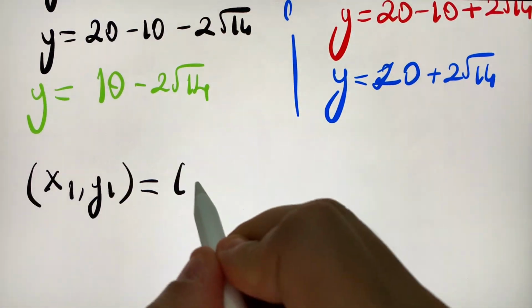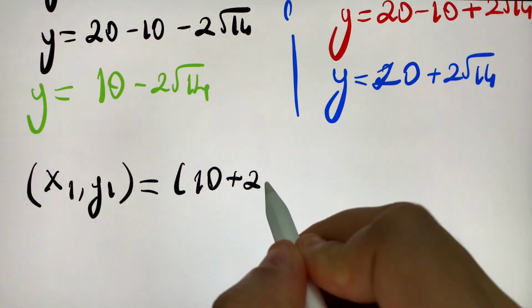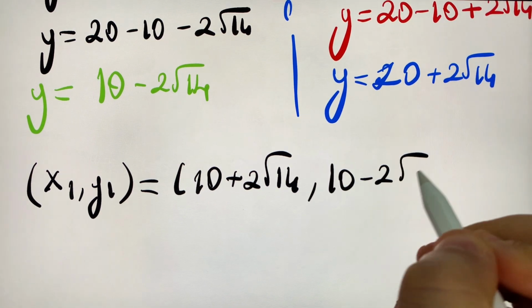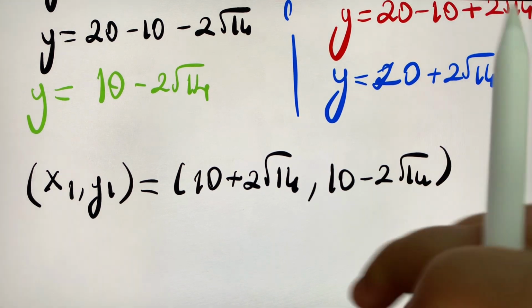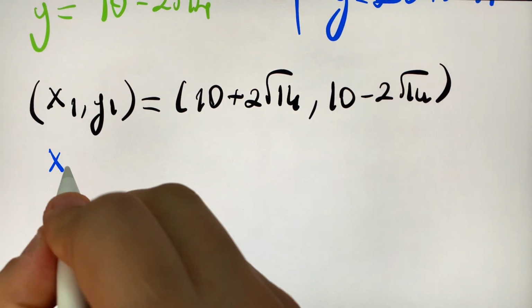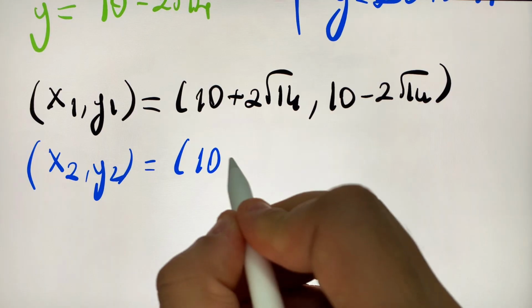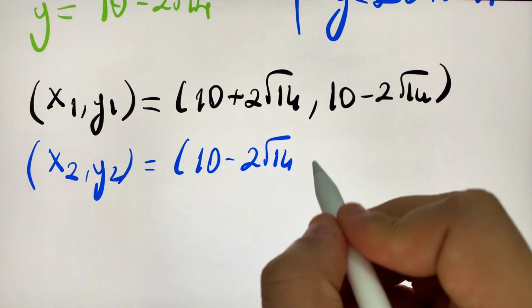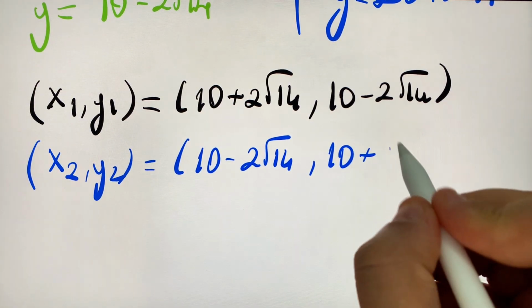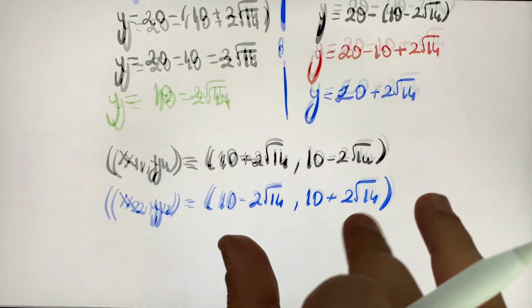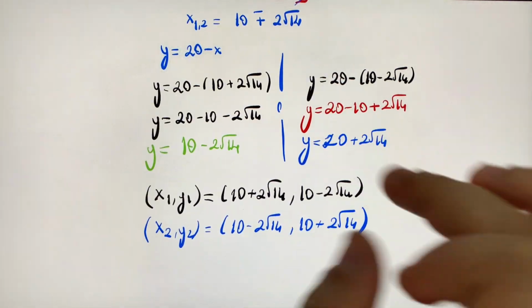First, x1 is 10 plus 2 root 14, and y1 is 10 minus 2 root 14. If we look at the second, x2, y2: x2 is 10 minus 2 root 14, and y2 is 10 plus 2 root 14. Yes, these are our answers.